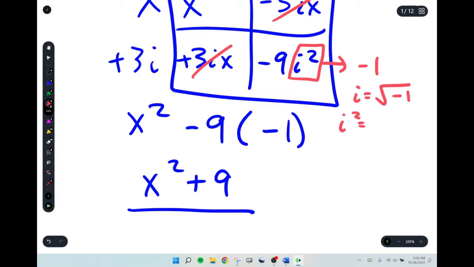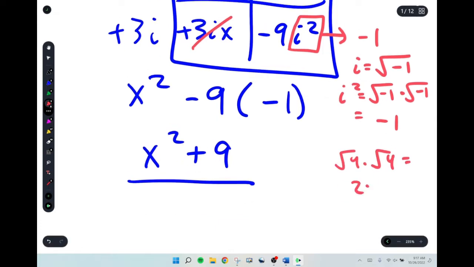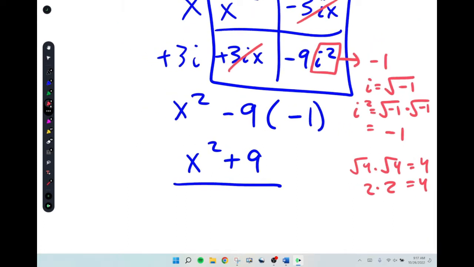So i squared is the square root of negative 1 times the square root of negative 1. The square root times itself just cancels out the square root and turns into the thing itself. Just like the square root of 4 times the square root of 4 would be 2 times 2. It's 4. The square root multiplied by itself just cancels out the square root. Or just memorize: i squared is negative 1 every time.